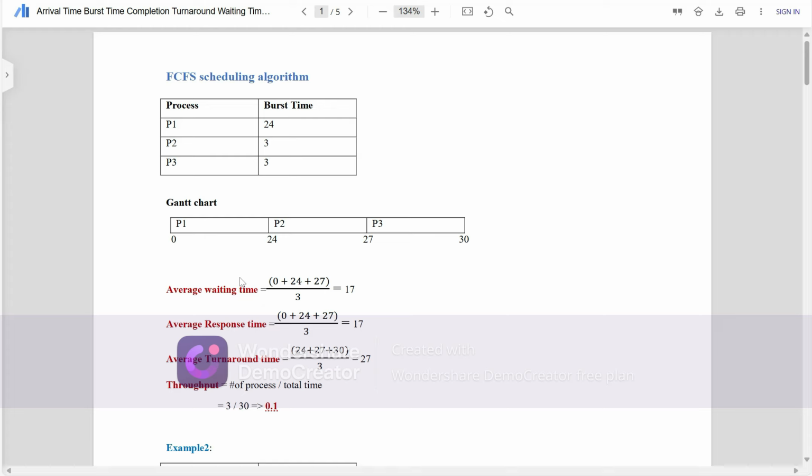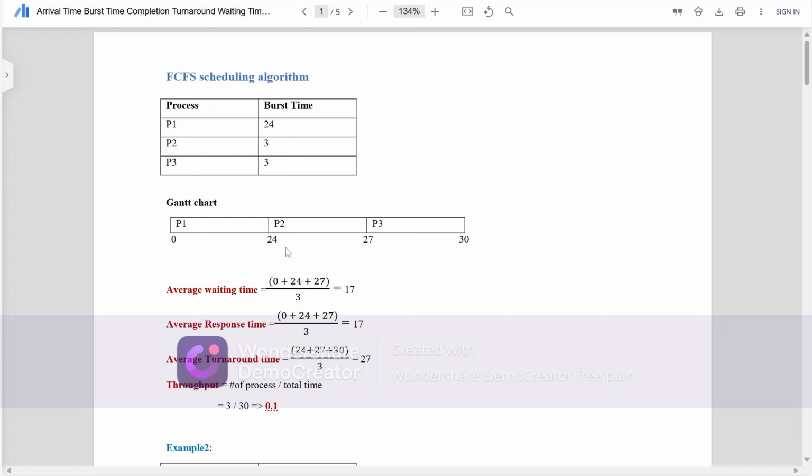For example, to find the waiting time of process 1: it comes at 0, in front of P2 and P3. Therefore, P1 does not get any delay. That means no waiting time. So the waiting time of process 1 is 0.